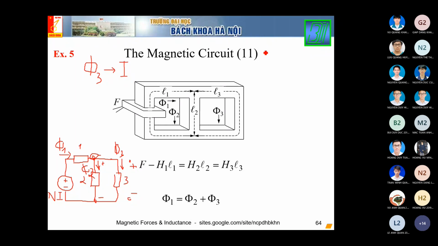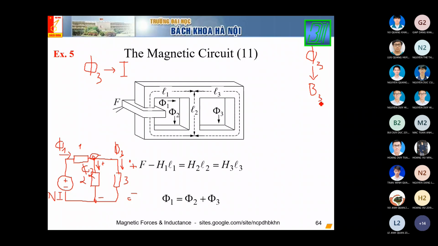How can we do this? So we apply this one from phi 3. What can we find, guys? What can we find from phi 3, guys? It is B3.